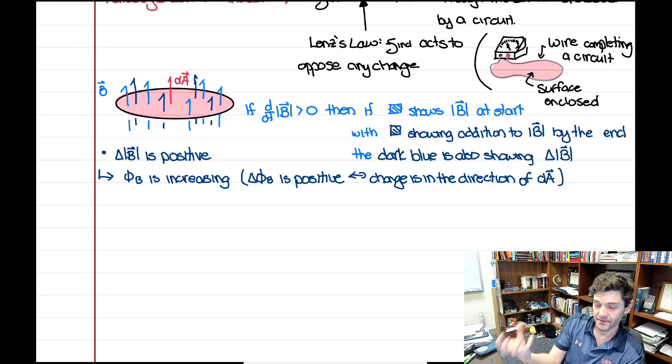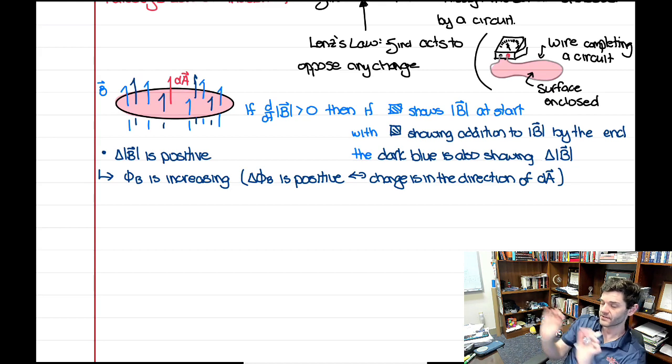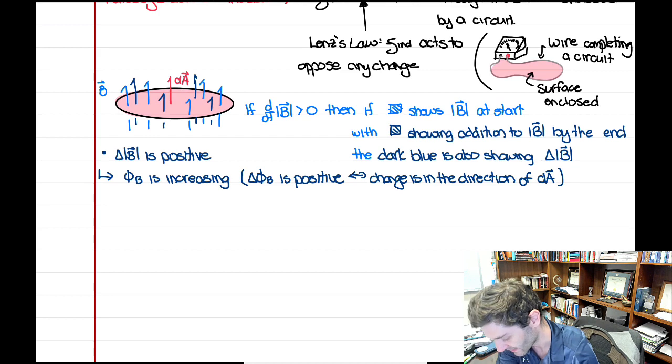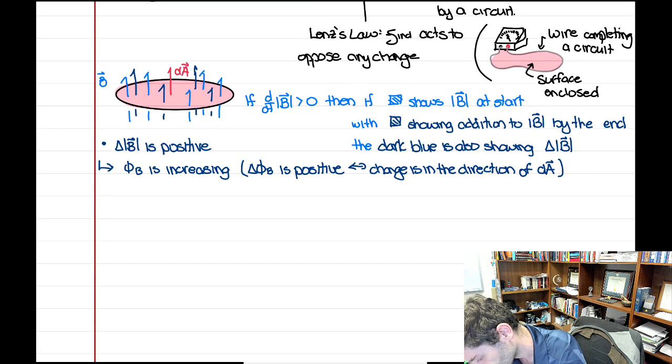By saying the delta, that the change in the flux is positive, means now there is more flux in the direction of dA than there was at the beginning. Lenz's law, which I might use red for.